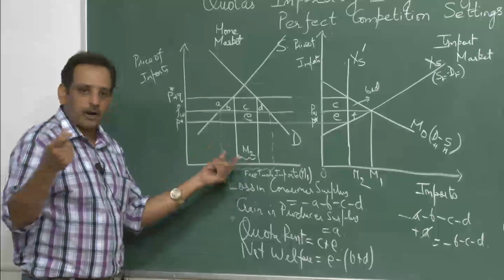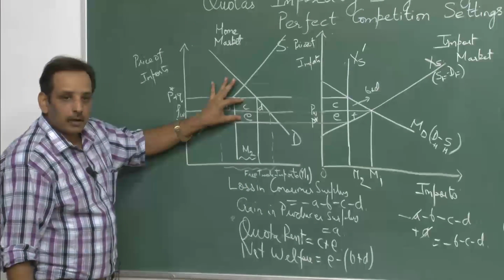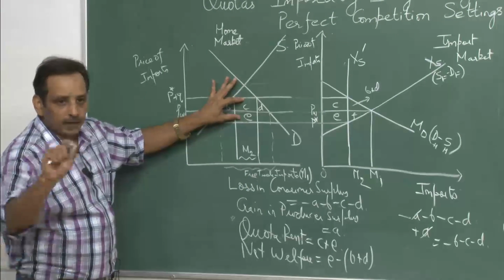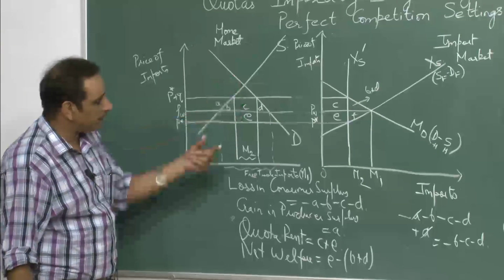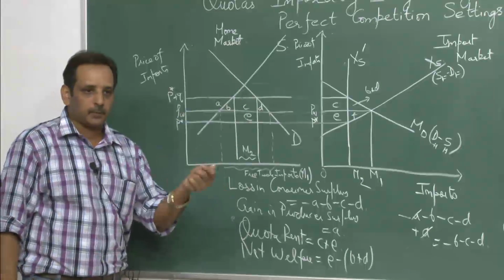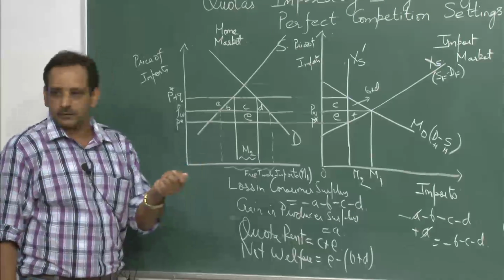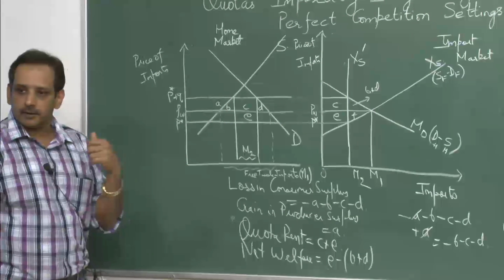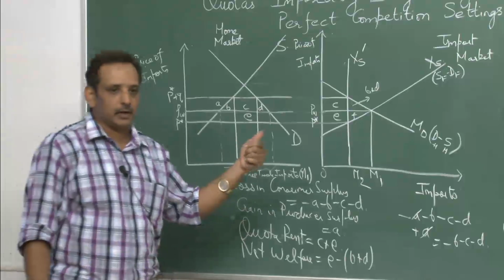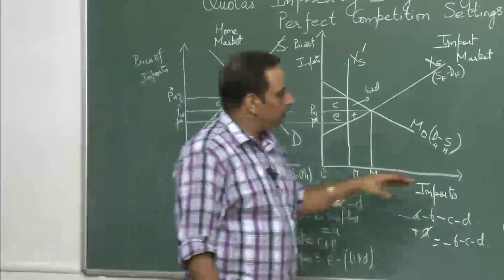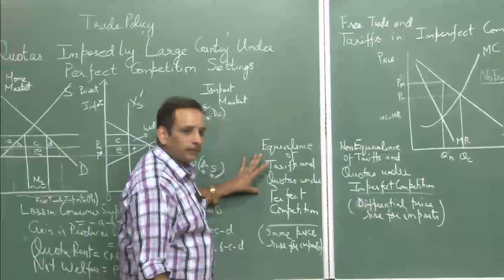So you can always find a tariff equivalent. C plus E divided by M2 will be the proportion, that will be the tariff equivalent to the quotas.